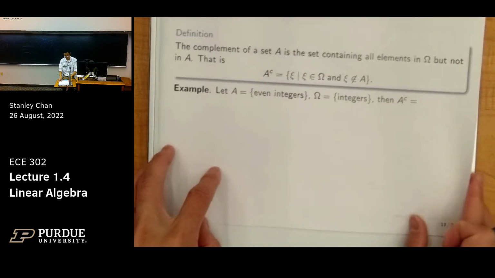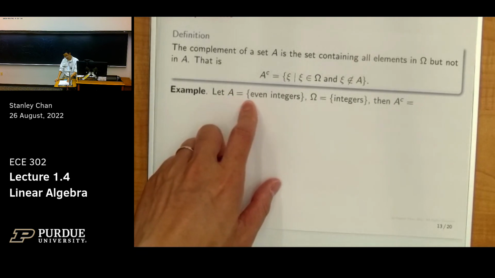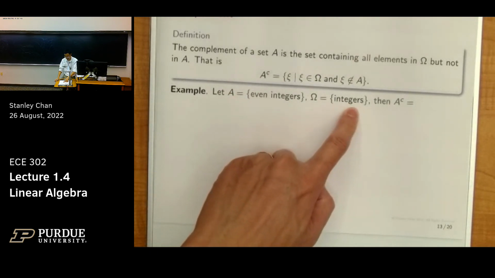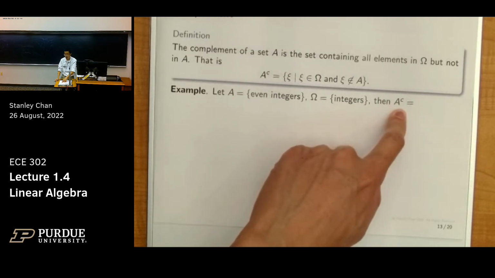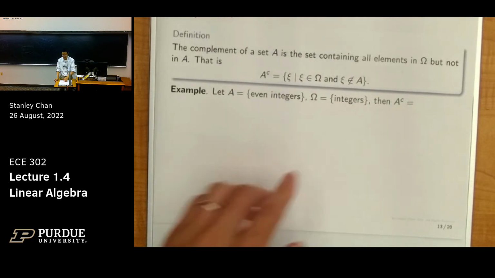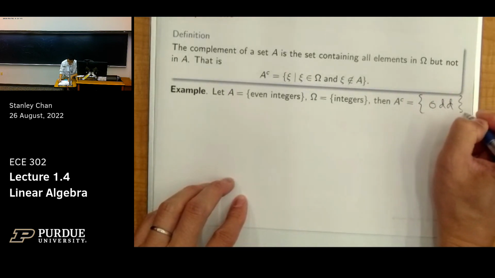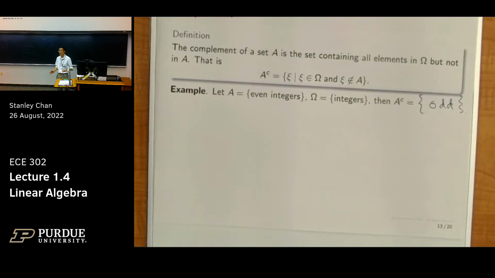Well, that's easy. If A is the set of even integers and the sample space is the set of integers, then the complement, which is the not, will be the odd integers. Trivial, okay?